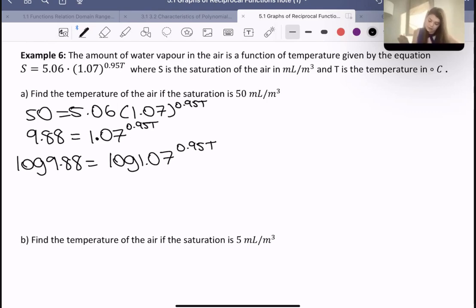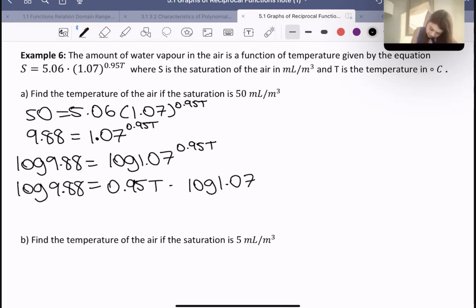Because now what we can do is we can put the 0.95T at the front, right, as the coefficient, because that's one of our logarithm laws we talked about a couple days ago. So this is the same as 0.95T times log 1.07, and that's equal to log 9.88. So therefore, 0.95T is equal to log 9.88 over log 1.07.